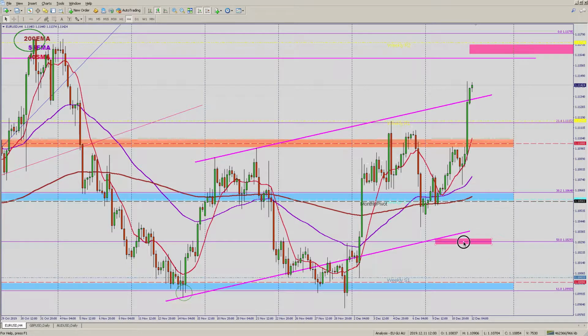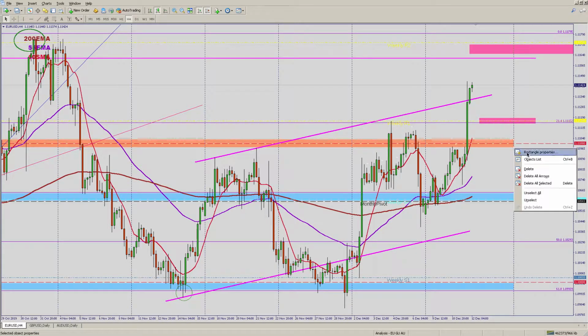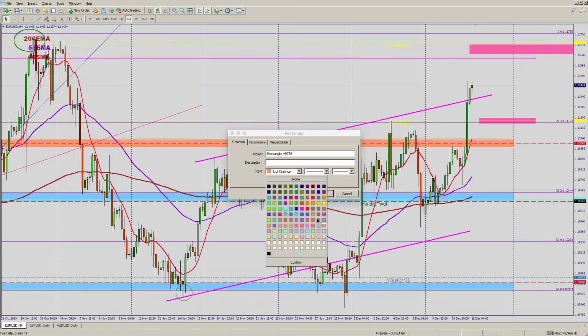So for now, the intermediate support is going to be at this level at the weekly R1 pivot, along with the 21 fib retracement area. And this has now turned into a support zone.